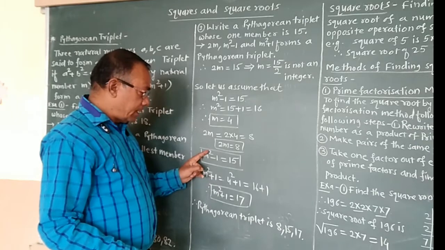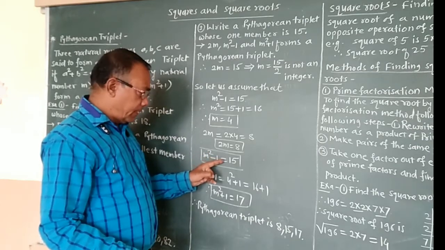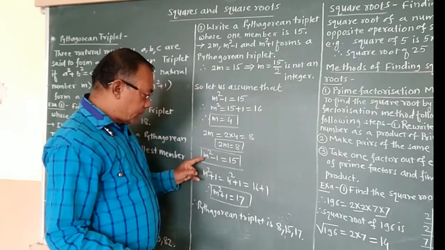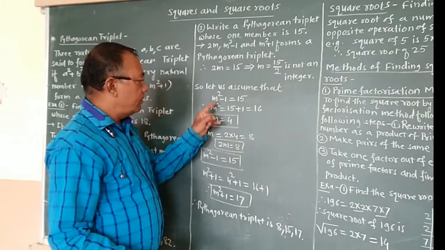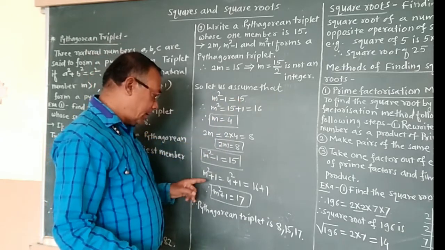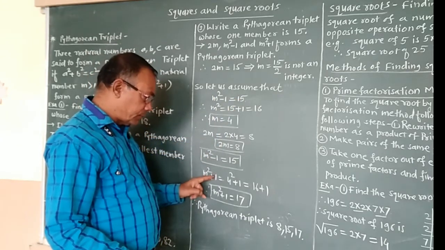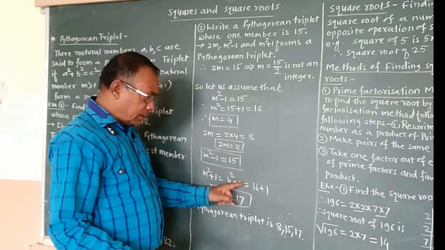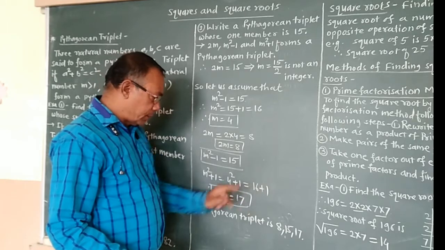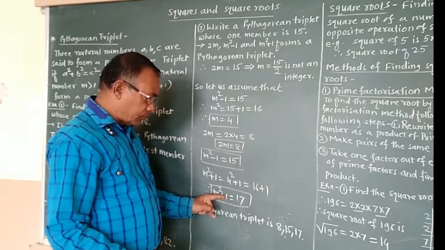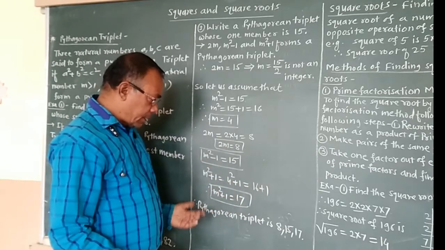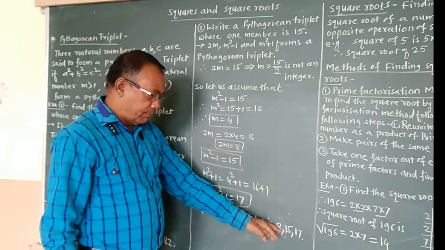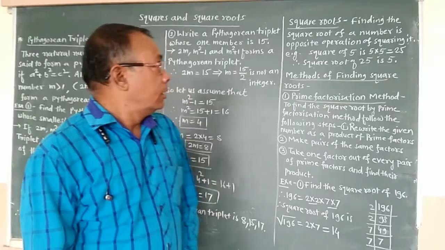Now m square minus 1 is equal to 15. To find the value of m square plus 1, substitute the value of m as 4. So 4 square plus 1 is equal to 16 plus 1, and therefore m square plus 1 is equal to 17. Therefore the Pythagorean triplet is 8, 15 and 17.